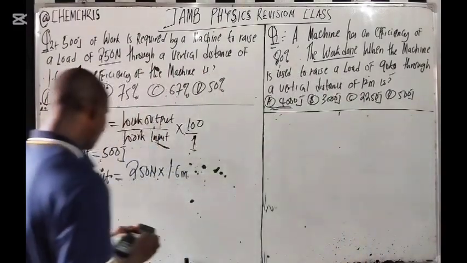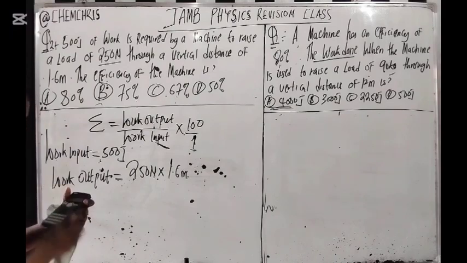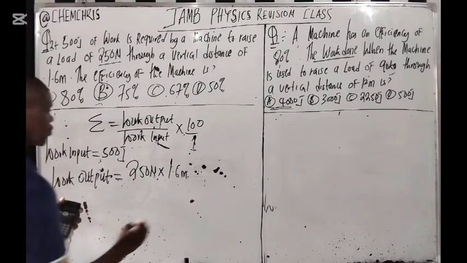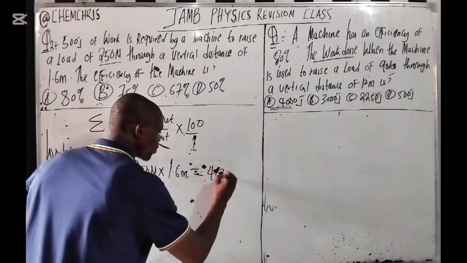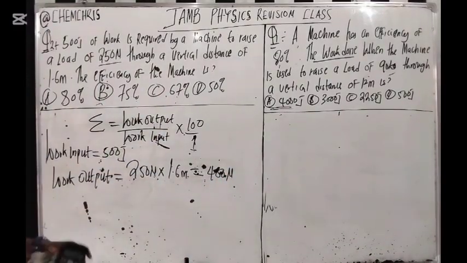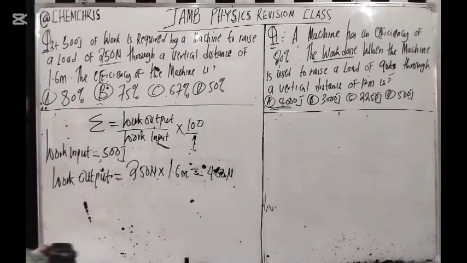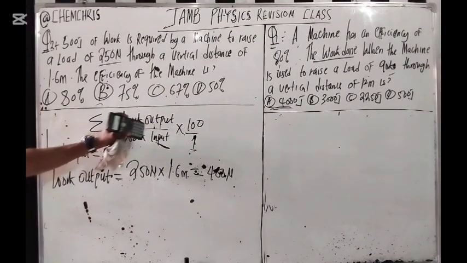So let's do this together. 250 times 1.6 is 400. 400 Newton meters. So now I know my work input and my work output, and I can put in my parameters here.